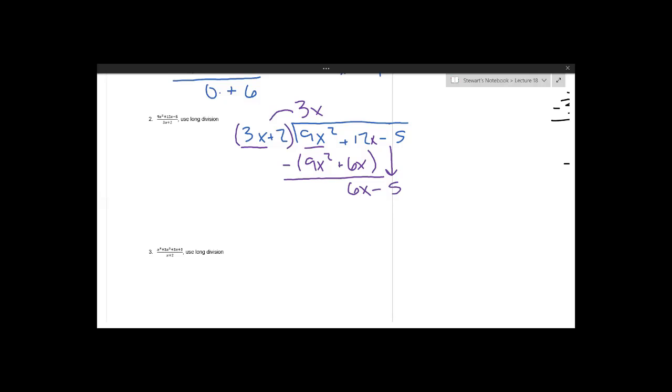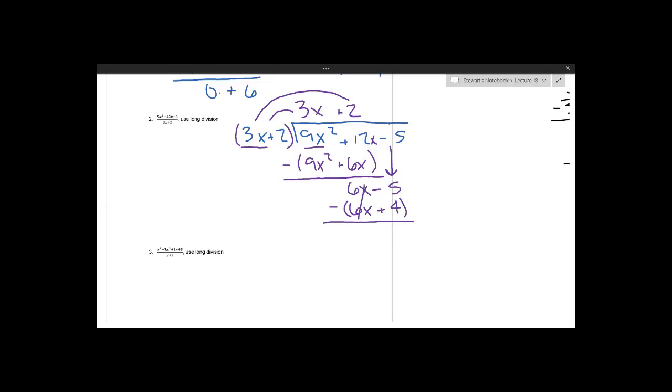Now we have to see how 3x goes into 6x, or 3x plus 2 goes into 6x minus 5. Well, 3x goes into 6x 2 times, and then we're going to also have 2 times 3x plus 2 to evaluate it with. So we have then minus 6x plus 4.